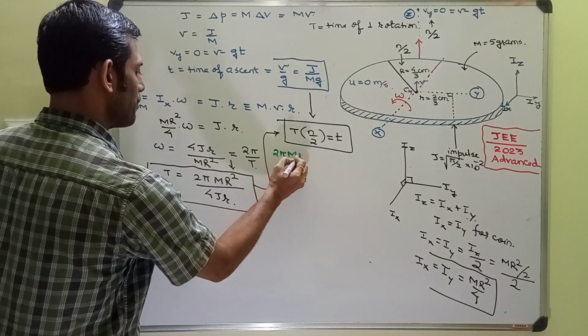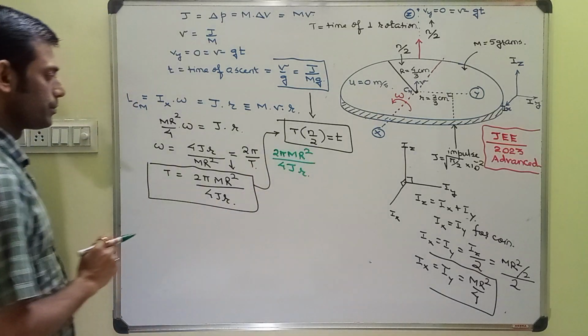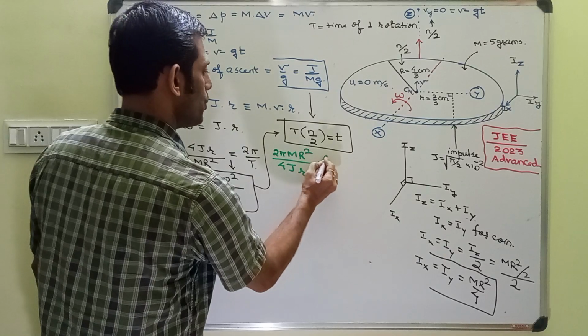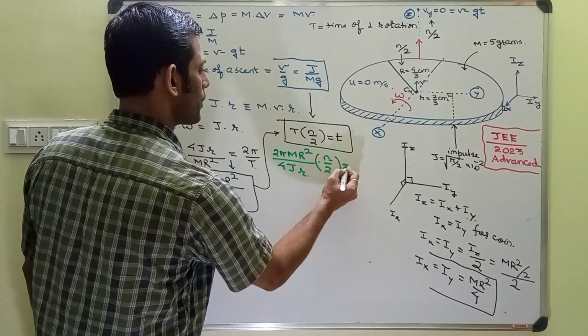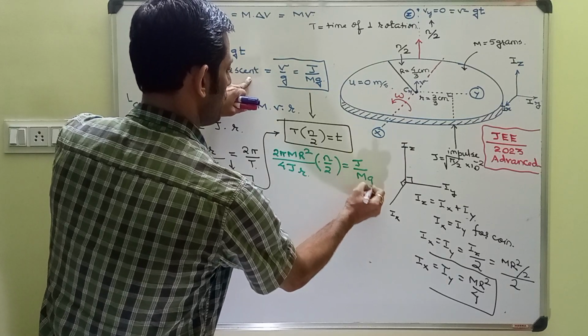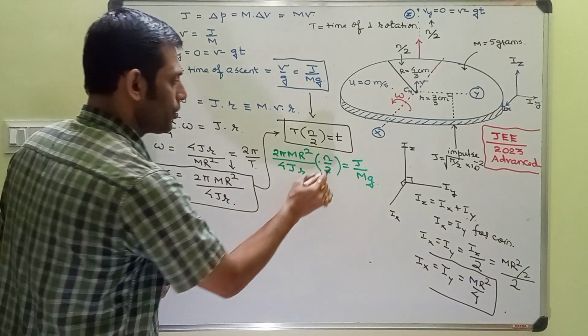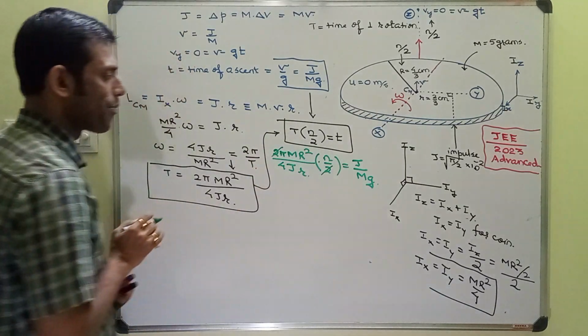2 pi mr square by 4jr into n by 2 is equal to T, that is J by mg. Let's cancel out things as much as possible. This 2 goes.